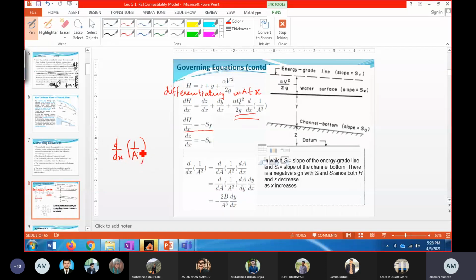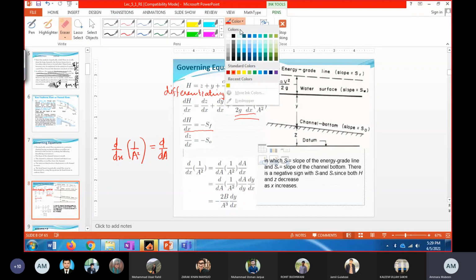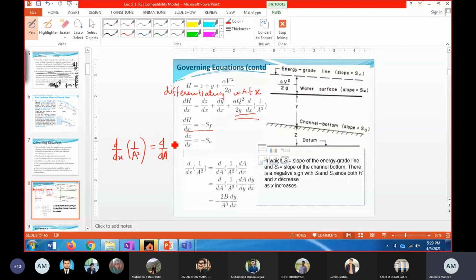If you take the derivative, you first write it like this, taking the derivative with respect to A: 1 over A square, and then dA over dx.